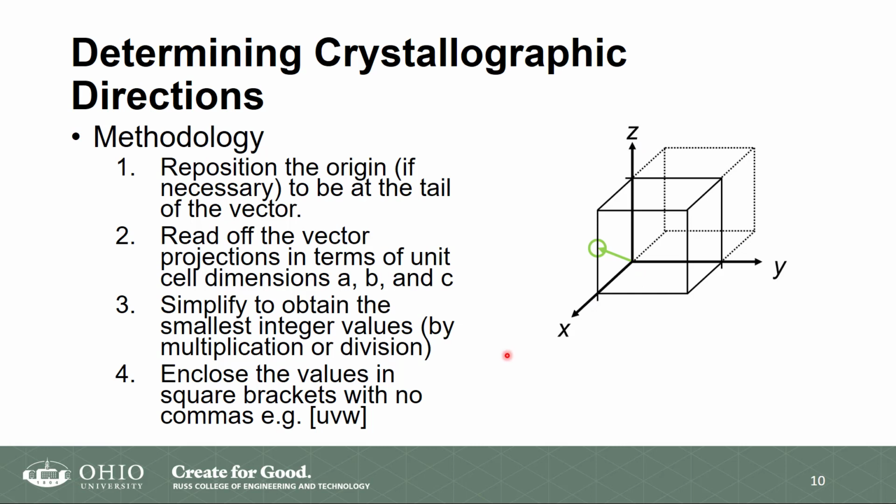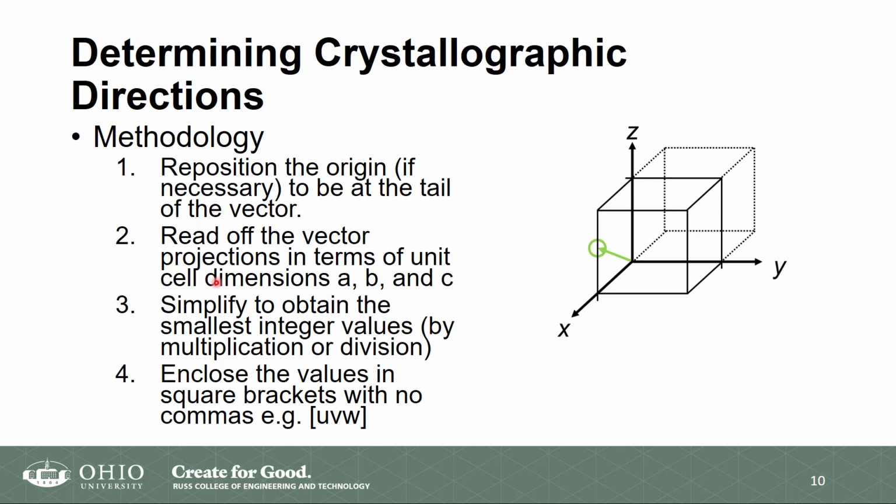The first thing we'll do is look to see if we need to reposition the origin to be at the tail of the vector. If you look at this green vector right here, this green line, which is an arrow, we start at this point and end at this point. The tail of the vector is at the origin, because it's the point where our x, y, and z axes meet, and so we do not need to reposition.